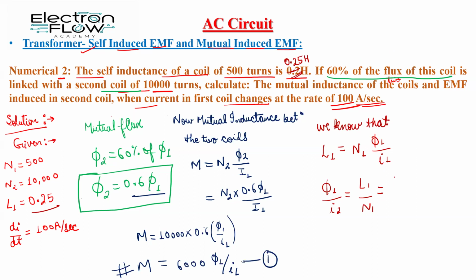So let's put in the values: 0.25 divided by 500, the number of primary turns. The value of this ratio is equal to 0.0005.